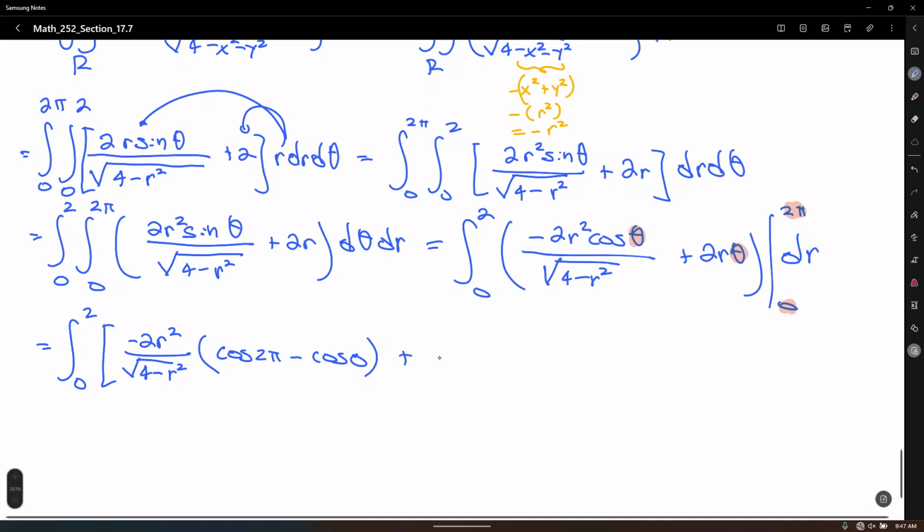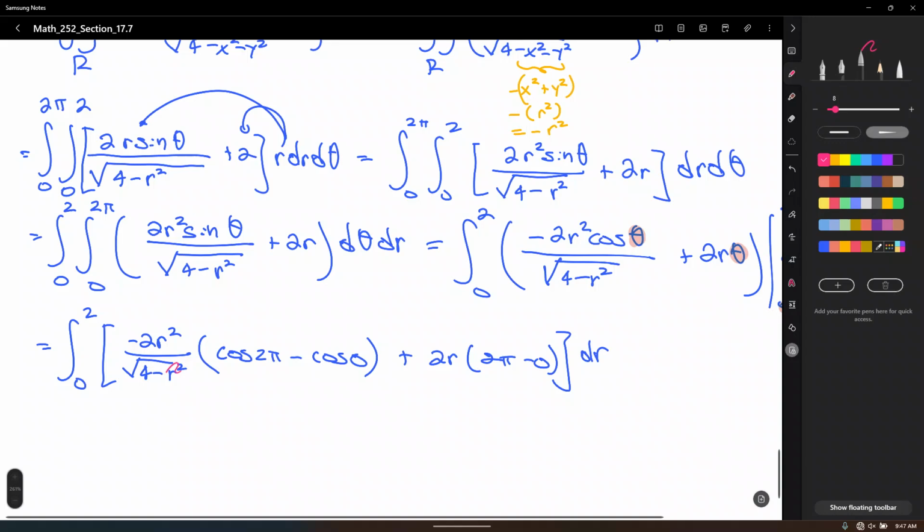And then plus 2r times 2 pi minus 0 also. dr. And just look at this beauty. Alright? 0. 0. No more trig substitution.